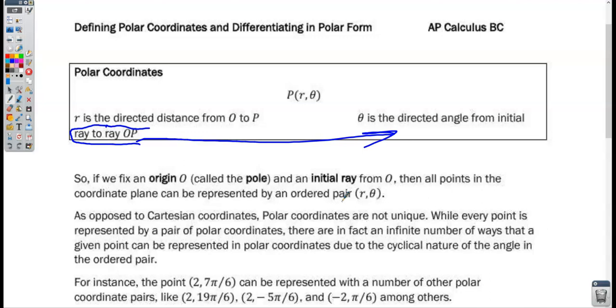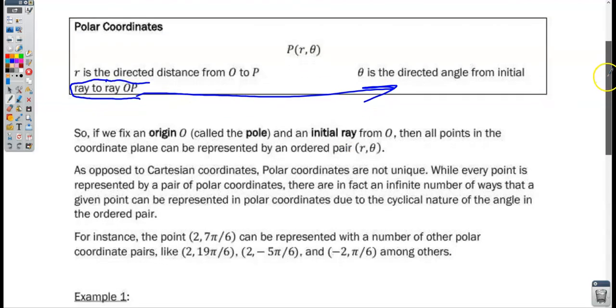Whereas on a polar grid, there are going to be an infinite number of ways that we can write them due to the cyclical nature of the angle, and also due to the fact that we can have a positive or a negative radius. And, if I have a positive radius and then I take the negative radius with an angle that differs by pi radians, I end up at the exact same point.